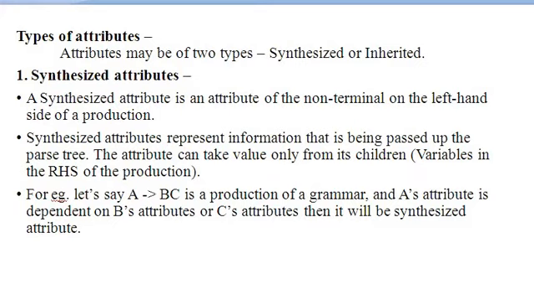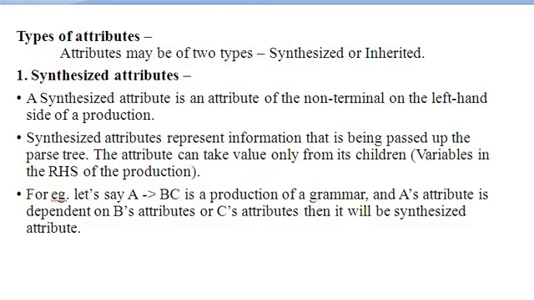Synthesized attributes represent information that is being passed up the parse tree. The attribute can take value from its children, the variables in the right hand side of the production.